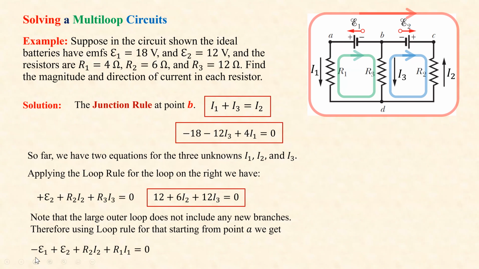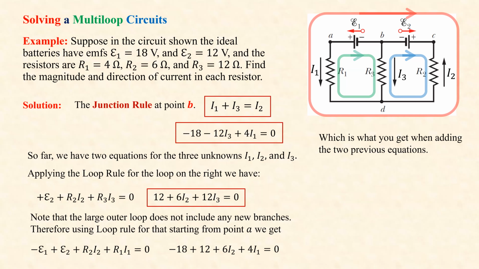So negative E1 plus E2 plus R2I2 plus R1I1 equal to 0. So it becomes this equation if you put the numbers in. And then this equation is what you get when you add the 2 previous equations.